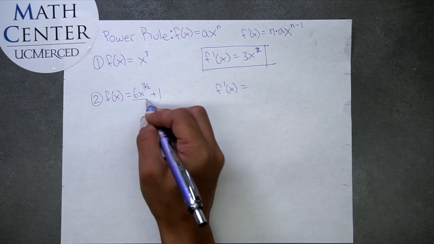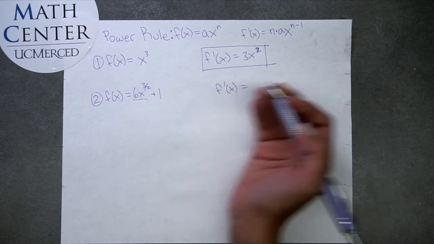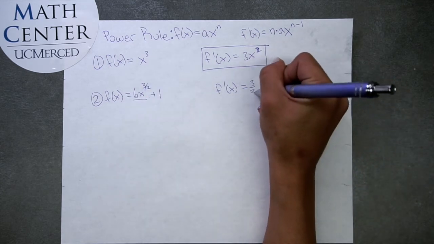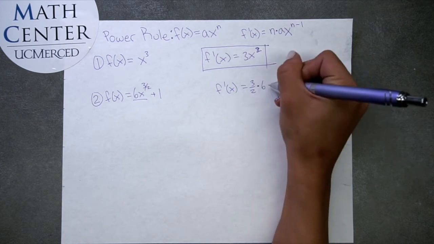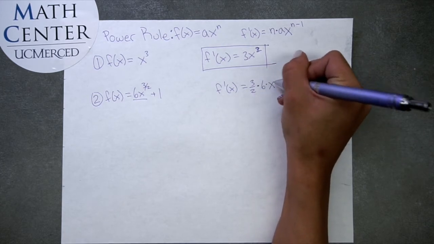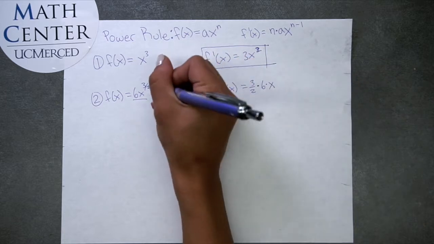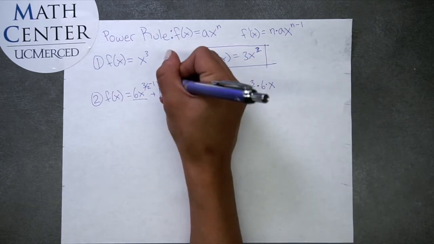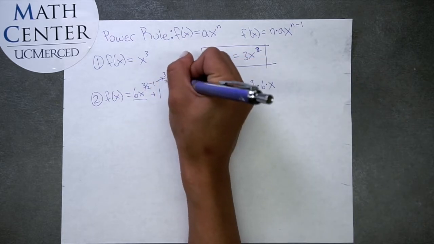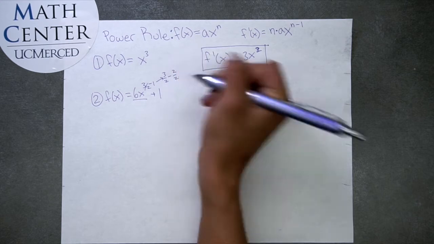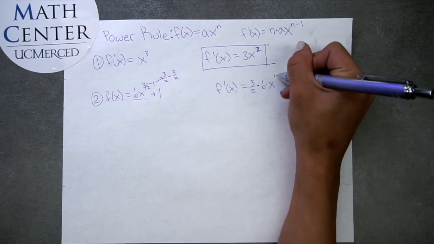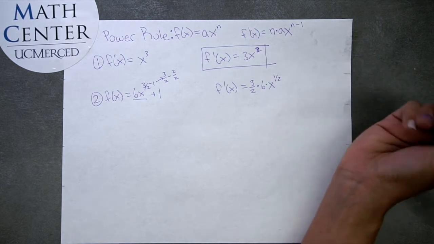So the derivative of this term, we just bring the 3/2 down, multiply it by 6, and then times x to the 1 less power. 3/2 minus 1, that's the same as 3/2 minus 2/2, which is 1/2, so x to the 1/2 power.